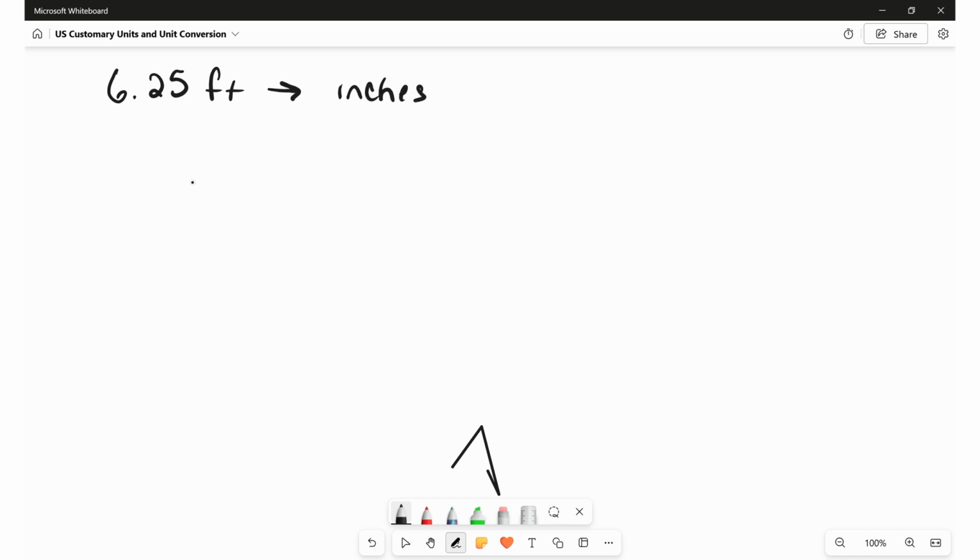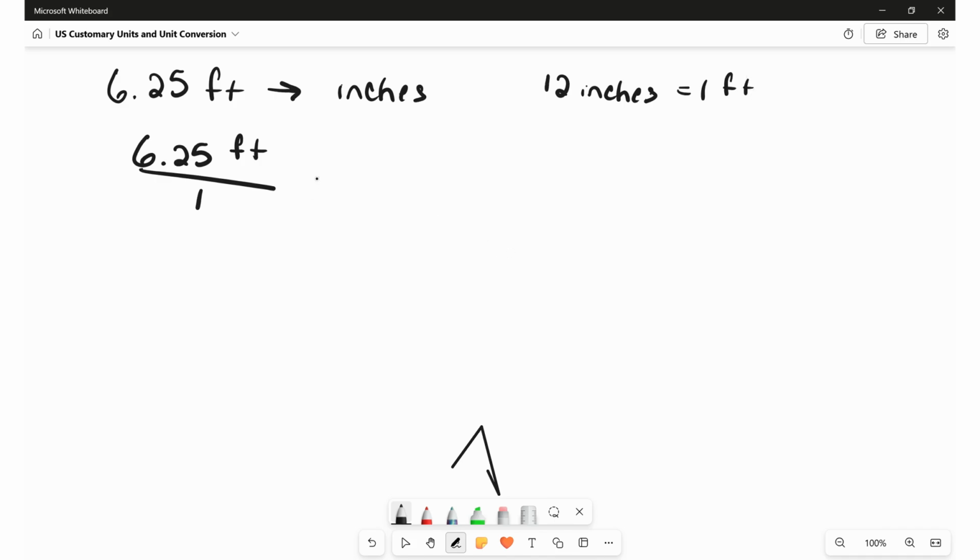Recall that any number can be written over 1. So 6.25 feet can be written as 6.25 feet over 1. And we know that there are 12 inches in 1 foot.